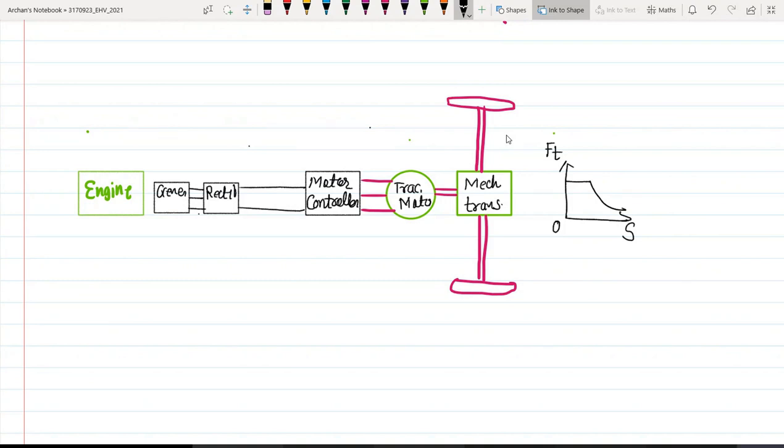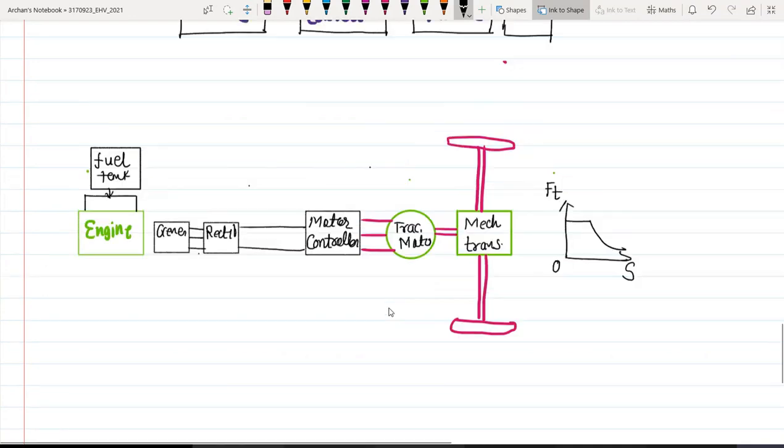And this engine is being supplied with the gasoline. So we may have our fuel tank over here. This is my fuel tank. It is connected to over here. Now we may have another powertrain, and we know both are connected in series.